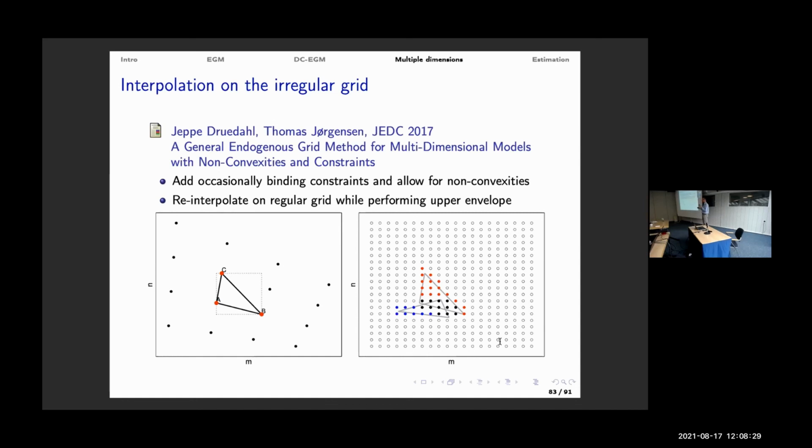So it's like you solve for the worker, you solve for the retiree, then you compare. Here they have to define the segments in a slightly more complicated way, but essentially each of them produces an irregular grid. The solution is applied to each of those segments, and then you have to calculate the upper envelope of those different segments.